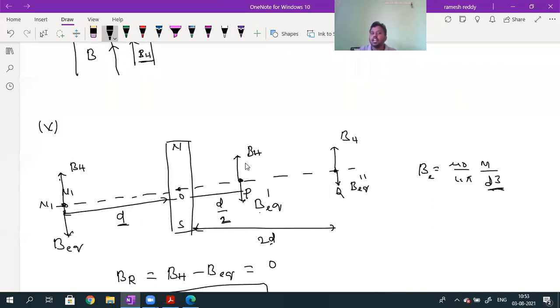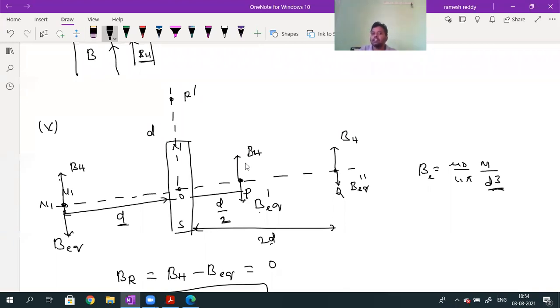Now let me consider the resultant magnetic field induction on the axial line. On this axial line, let me consider one point P dash, at a distance d from the center of the bar magnet.